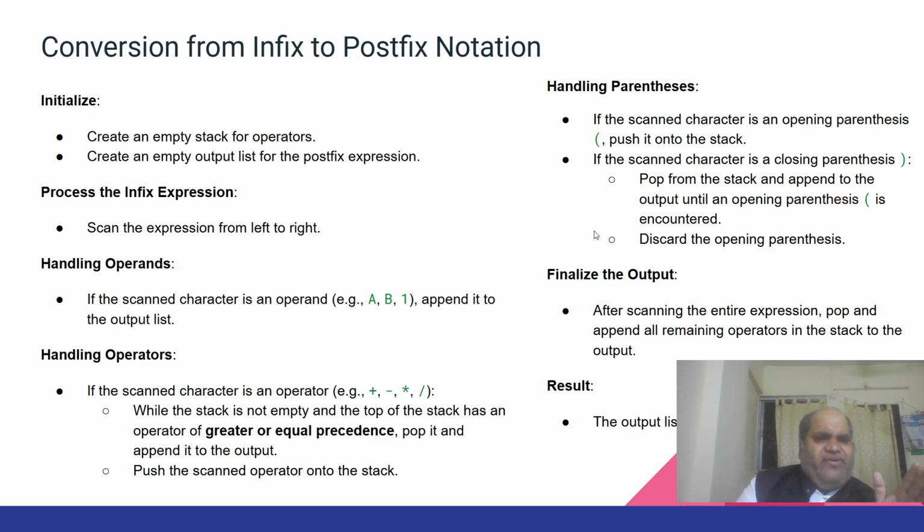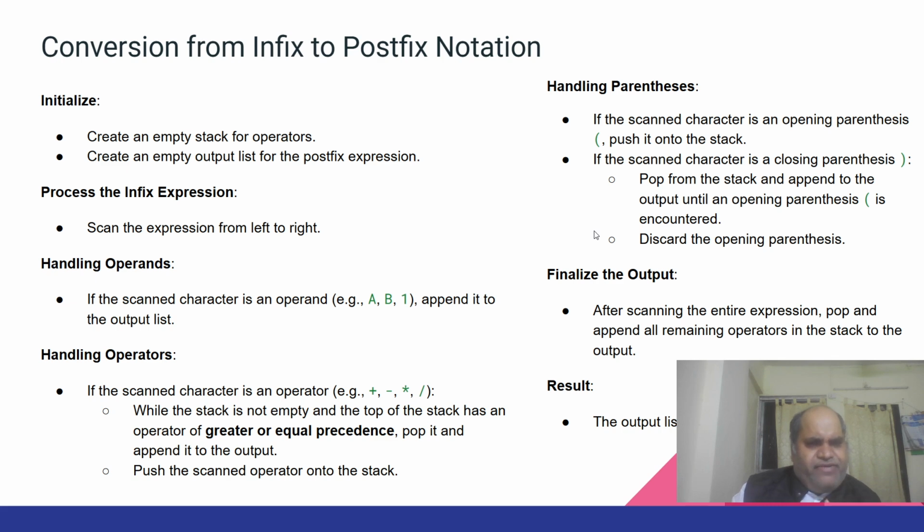As and when you get operands, they are going to be pushed into the output list from left to right, and whenever you get operators, they will be pushed on the stack. Let us say the first operator came, that was plus, you push it. Another operator came, that was minus, you push it. Now let's reverse it.